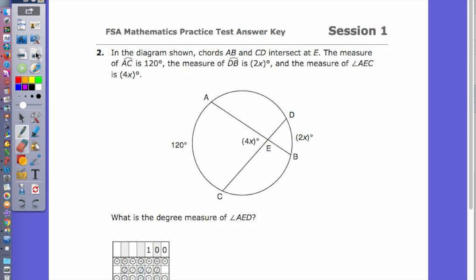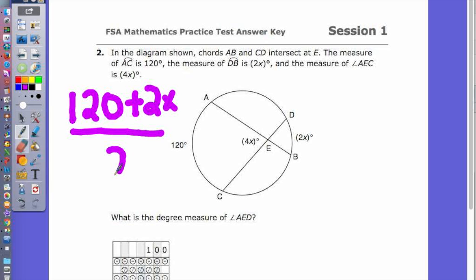Number 2, what you're doing here is you're taking the 2 arcs, adding them together, and dividing by 2, and that's going to give you the measure of the angle. So 120 plus 2x divided by 2 equals 4x.